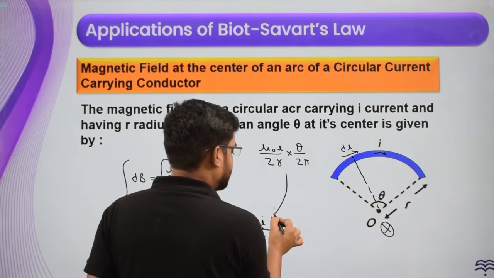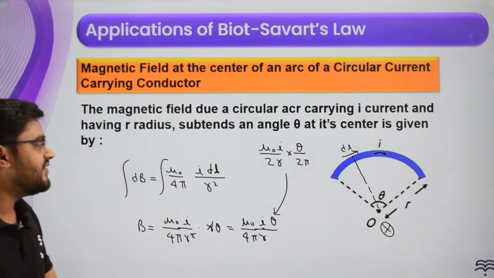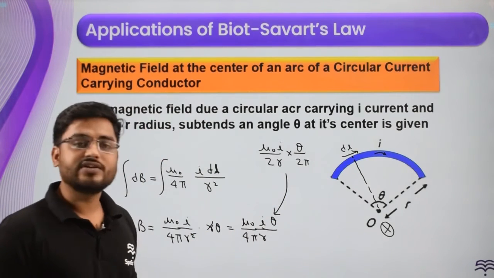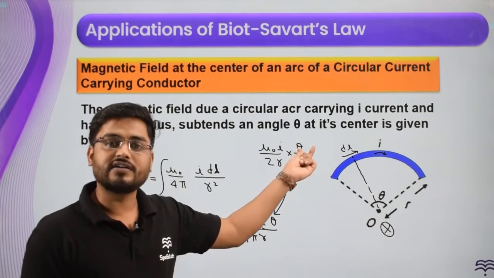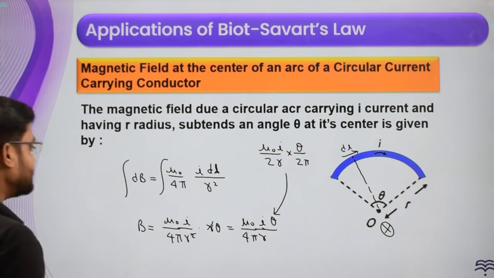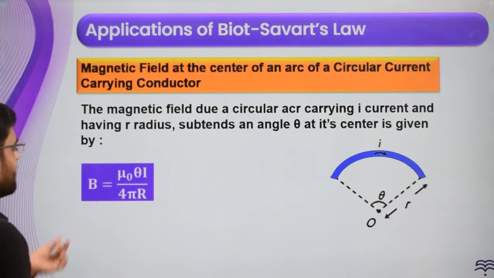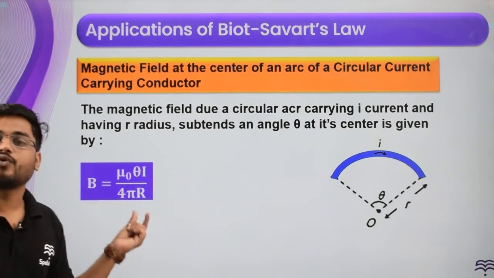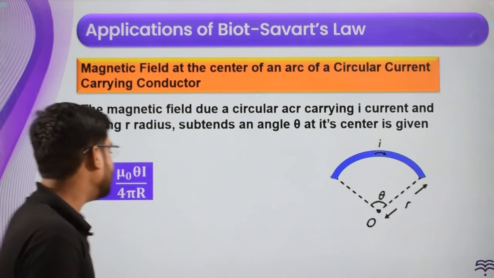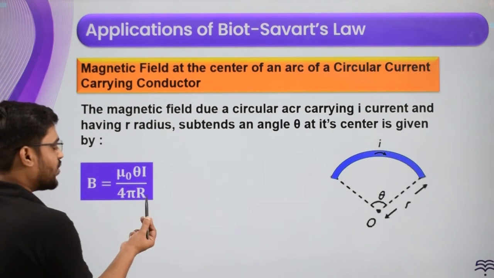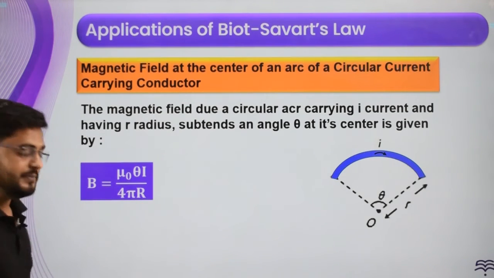You will get this formula. So this is a simple way to derive it, or just a way to remember it: you take the total due to the entire coil, and take the theta part out of 2 pi. Eventually we get this formula, mu naught I theta by 4 pi r. This is the magnetic field due to an arc. I'll remember it as mu naught I by 2r into theta by 2 pi.